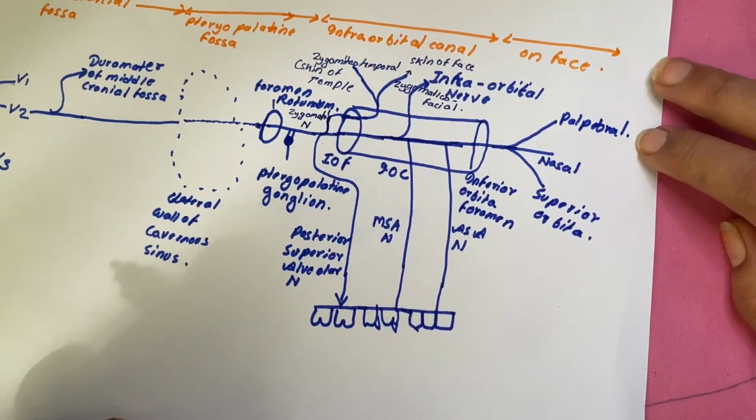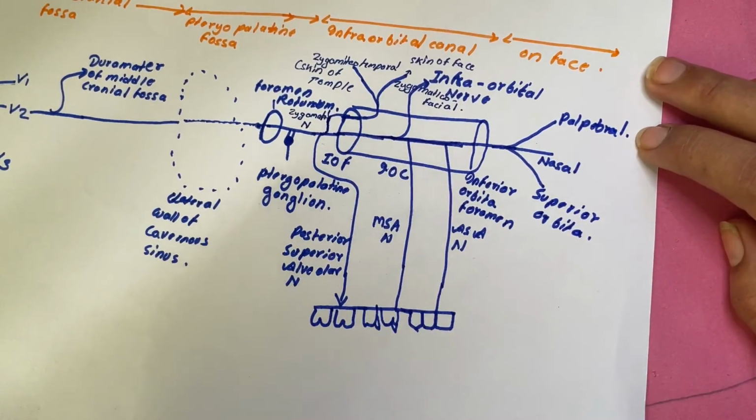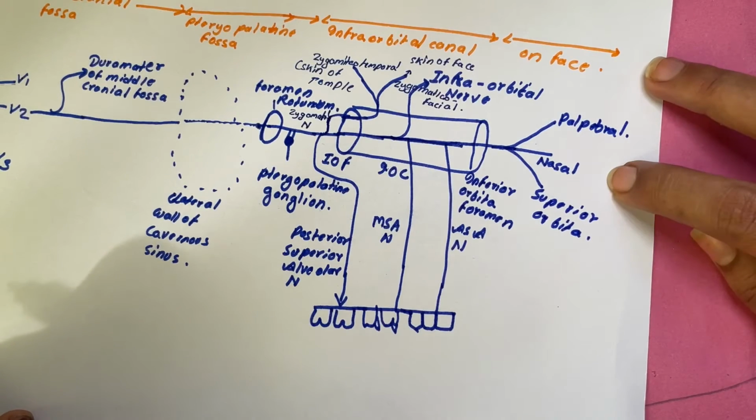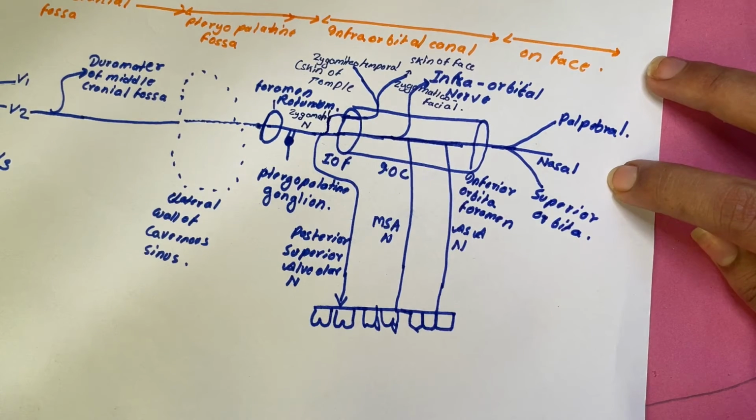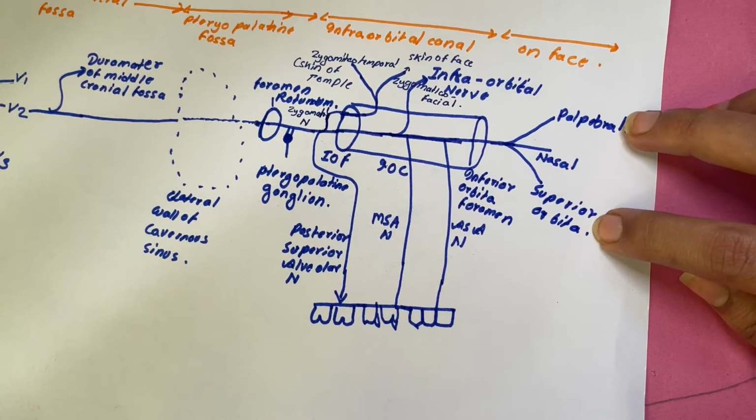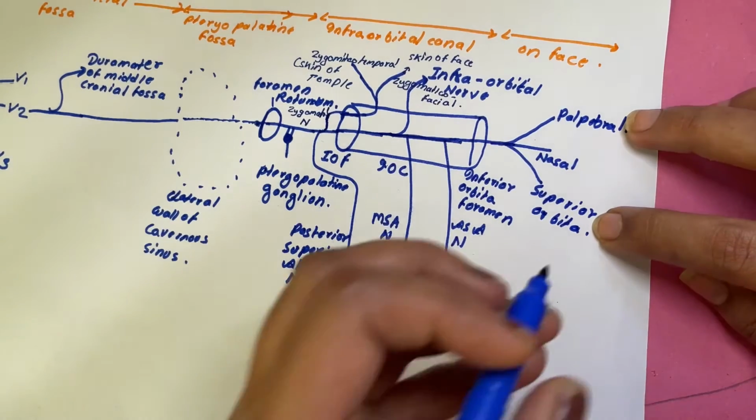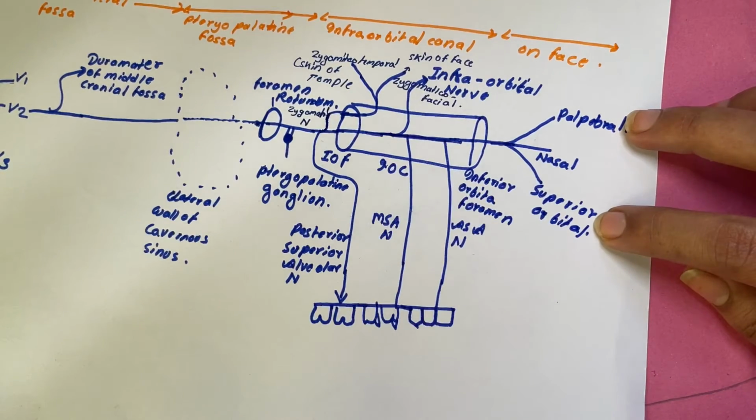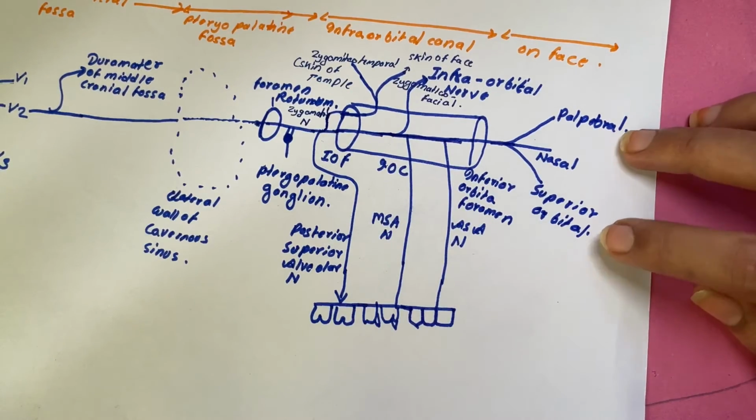The palpebral supplies the skin of the lower eyelid, while the nasal supplies the side of the nose and the mobile part of the nasal septum, while the superior labial supplies the skin and the mucous membrane of the upper lip.